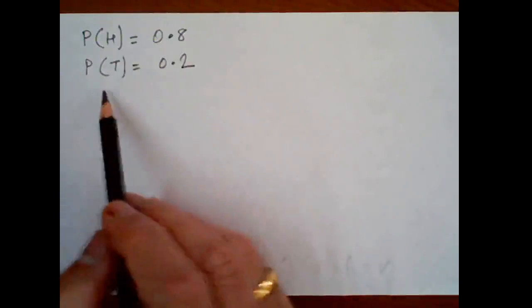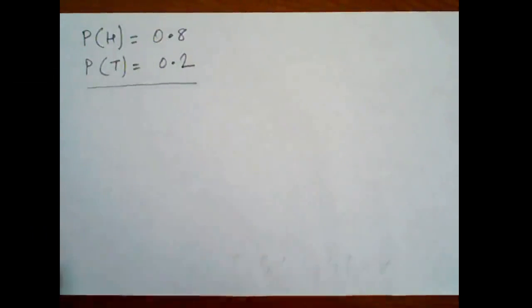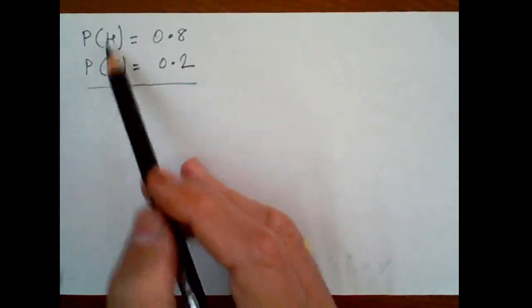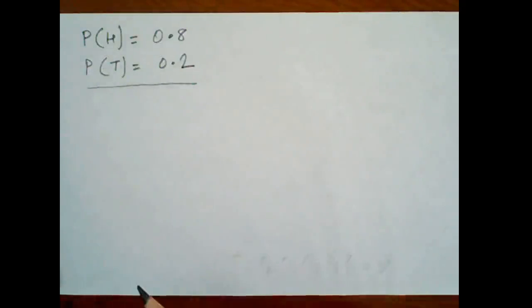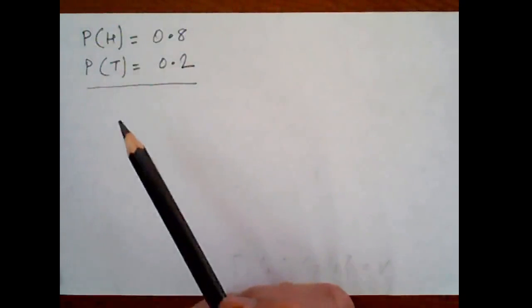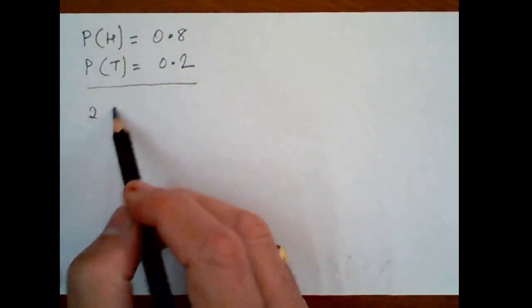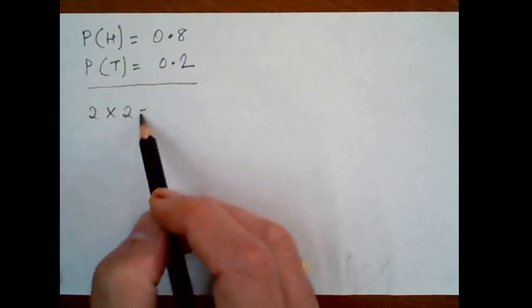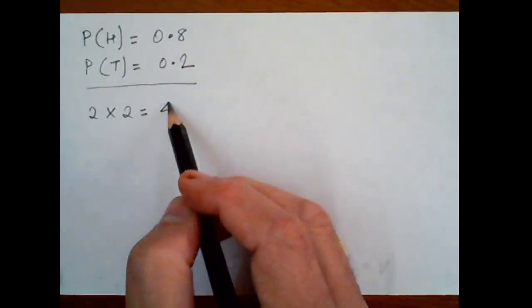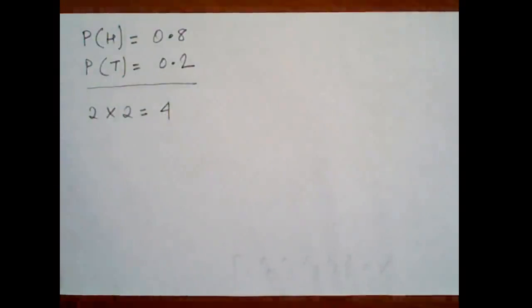Now, simple things first. If you take this unfair coin and flip it twice, how many different possible outcomes? Well, the number of possible outcomes will remain the same, because for every 2 outcomes in the first toss, you are going to have 2 outcomes in the second toss, and therefore the total outcomes will be 4.